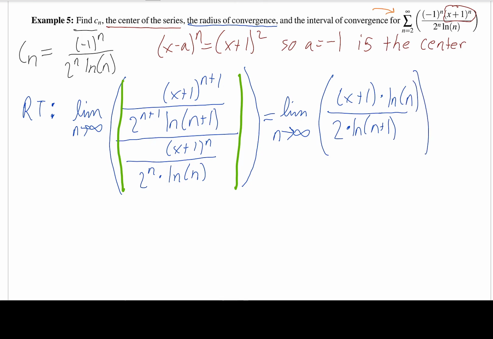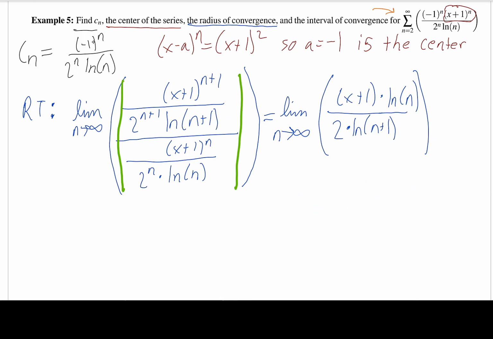All right, I need to point something out here. Ln of n divided by ln of n plus 1 is not equal to ln of n over n plus 1. Okay? We can't do that.